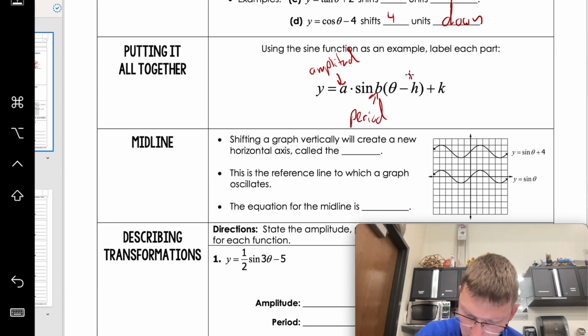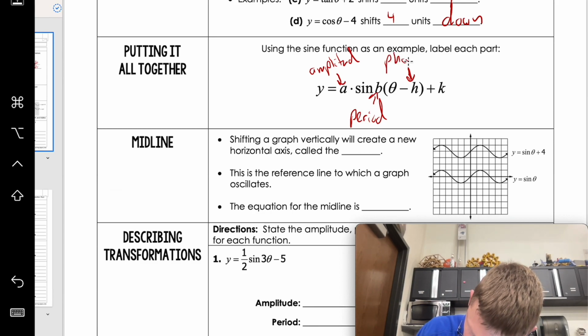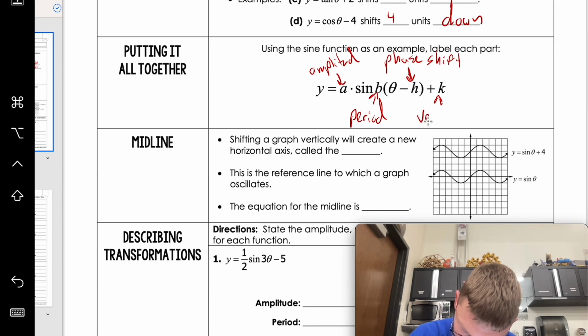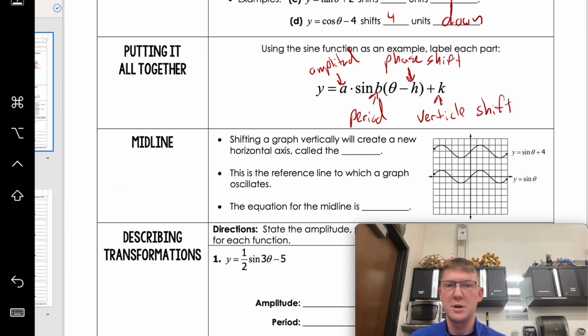And then we've got our phase shift. And then K is going to be our vertical shift. So this is just a quick review of everything we've talked about with a trig function. Hopefully using these properties, we can graph a little bit easier.